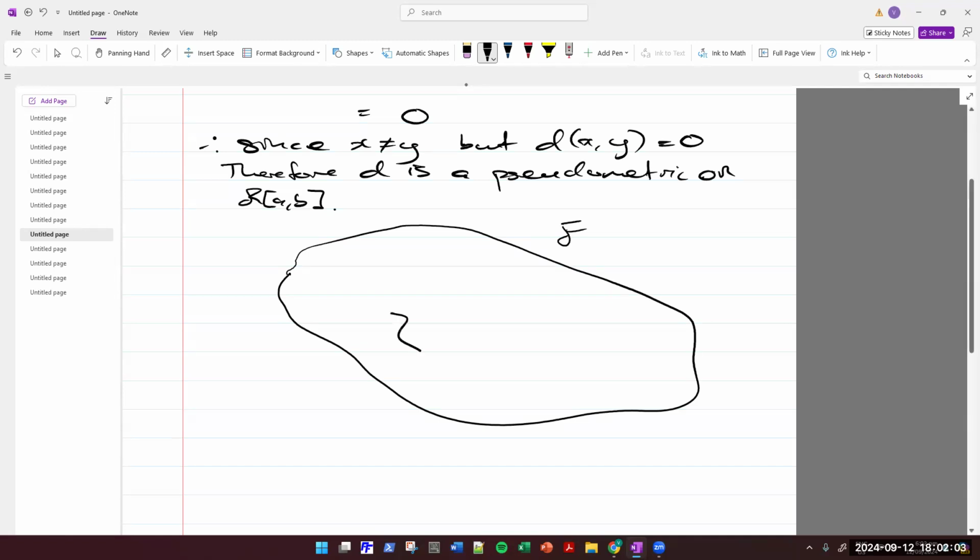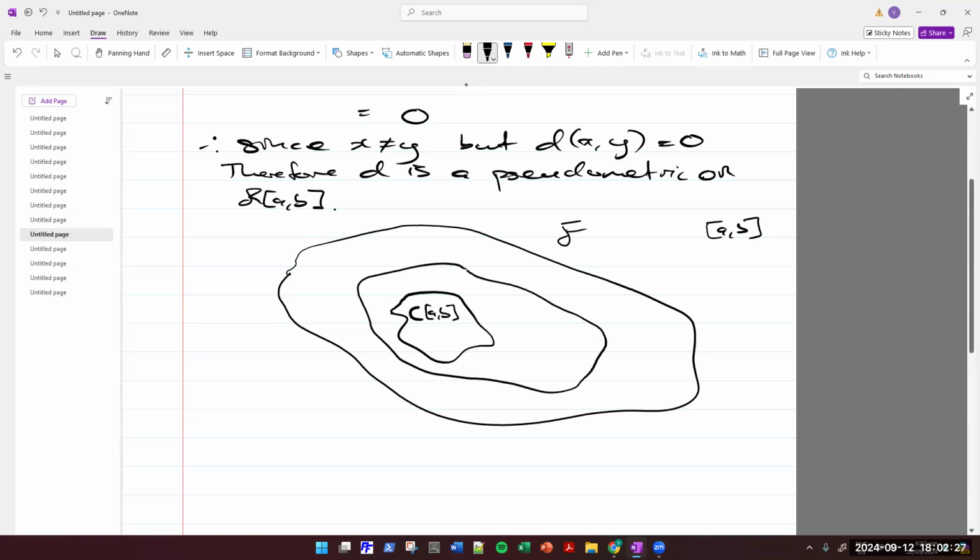The continuous functions, so say we pick some subset of the real numbers, closed interval a, b. The continuous functions, they live here. These are the continuous functions on that closed interval a, b. So all continuous functions are Riemann integrable. So the Riemann integrable functions, those guys live here.